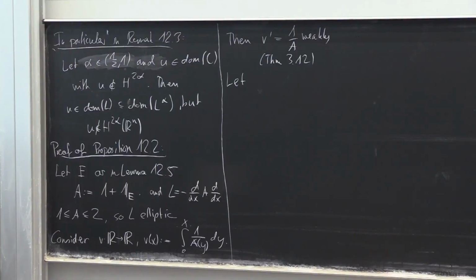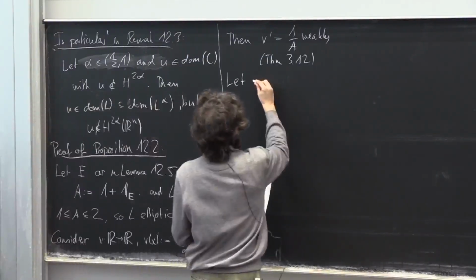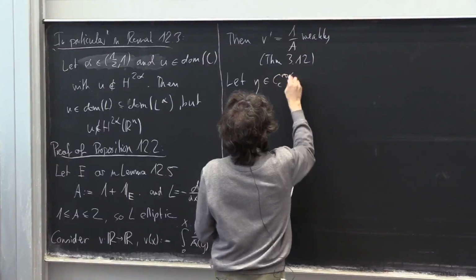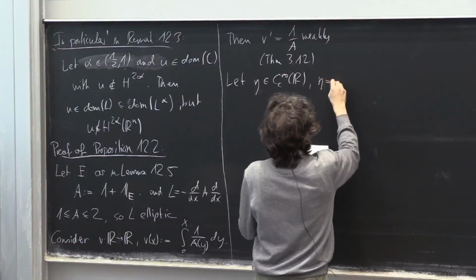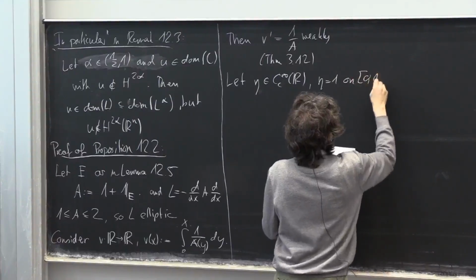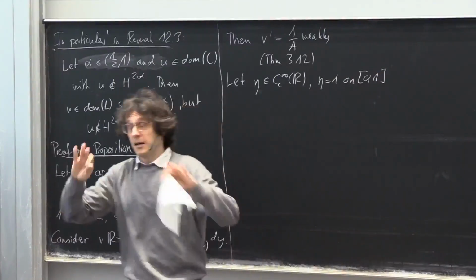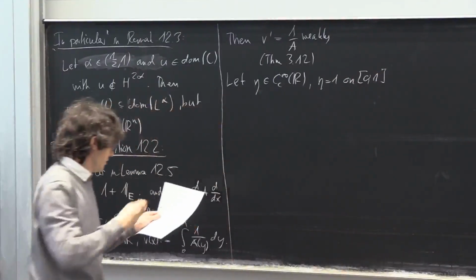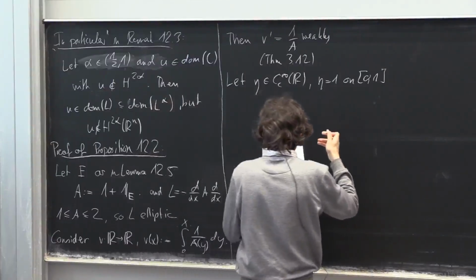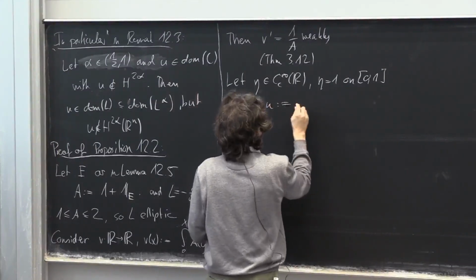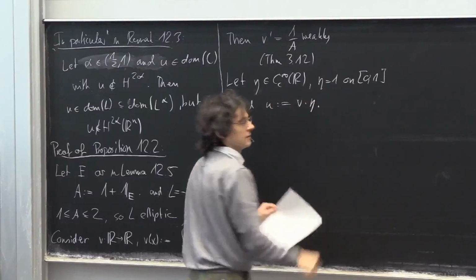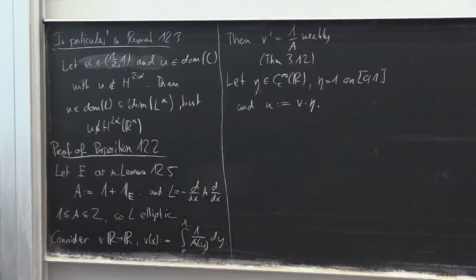Let's cut it off. So take the right cutoff function, some C_c infinity function eta on R that is 1 on our interval of interest 0, 1, and then goes down. And now our function u is not this v, but is v times eta. So we just cut off the problems of v.